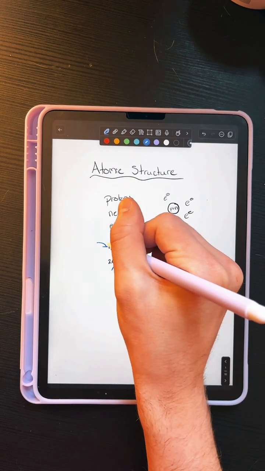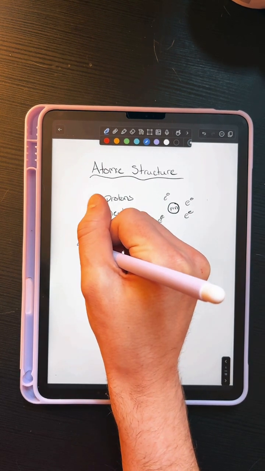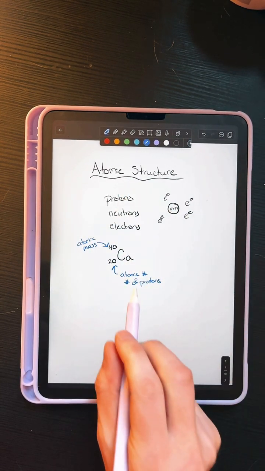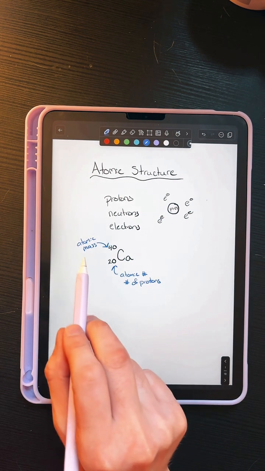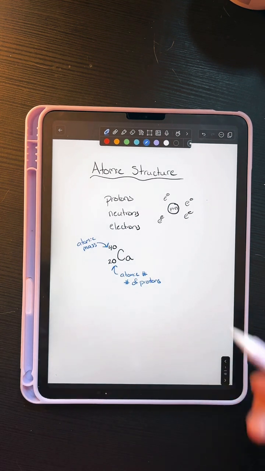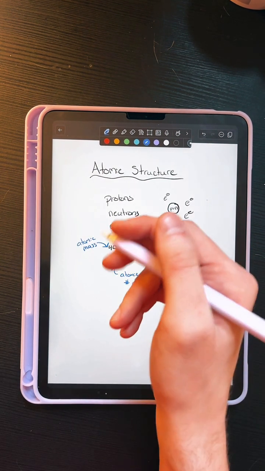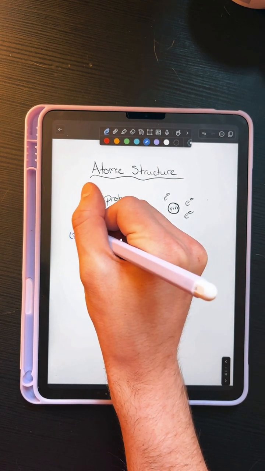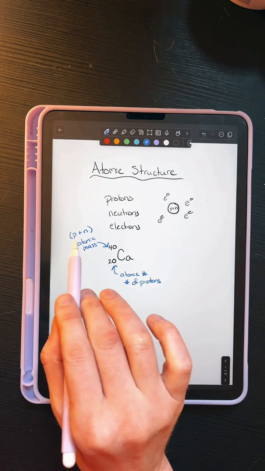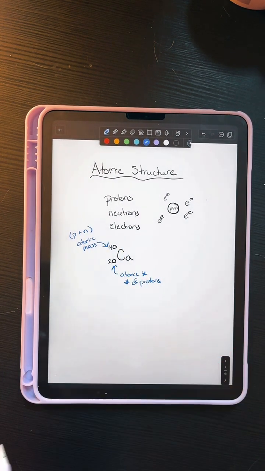Well, what is this 40 up here? That 40 is our atomic mass. So we have our atomic number, which tells us the number of protons, and then our atomic mass, which tells us how much our atom or element weighs. We can find that by adding up our protons and our neutrons. So this is the total number of protons and neutrons added together.